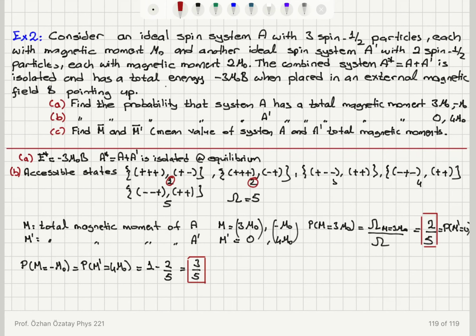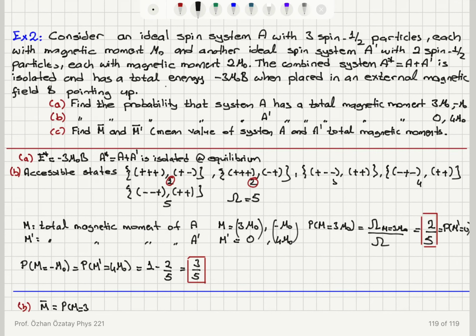What is the mean value of the total magnetic moment? So that's for part B of the question. Well, what is the mean value? I can have, with a probability, M equal to 3 mu 0 multiplied by 3 mu 0, plus the probability M equal to minus mu 0 multiplied by minus mu 0.